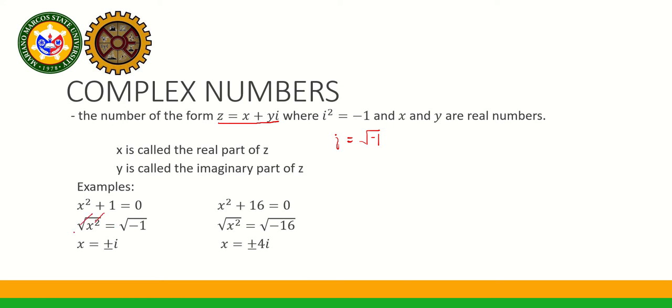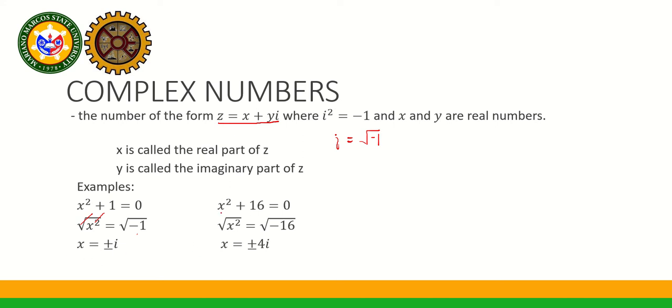Kung ano yung ginawa mo dito sa left side, ganun din yung gawin mo sa right side. So, kailangan mo ring i-square root si -1. And then, since i is equal to the square root of -1, therefore, your x is equal to positive or negative i. Kasi 'di ba kapag nag-square root ka, the result will always be positive or negative. That's why ganyan yung value ng x natin.